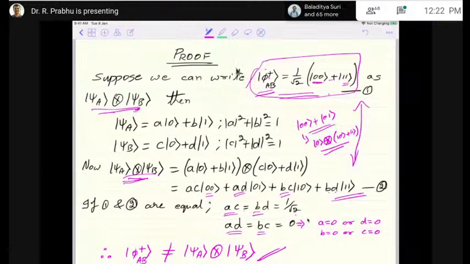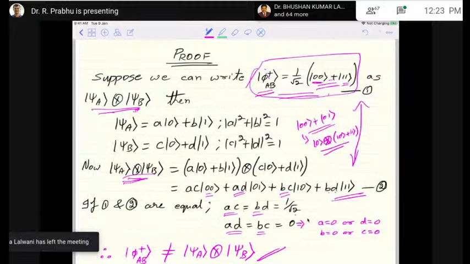So try to create some examples on your own and try to understand. As soon as we write a structure like this, you should be able to understand whether it is an entangled state or a separable state. By doing so with many more examples, you will probably identify this with ease.